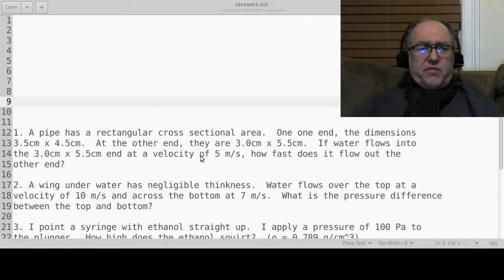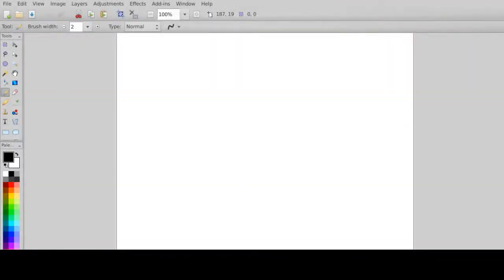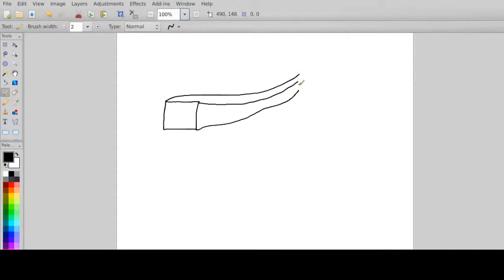The verbal description here is sufficient, but let me just draw a quick picture of what this pipe looks like. So over here, we have a rectangular opening going in here like that, and this is a pipe, okay? And it actually narrows a little bit, and it goes to something like that.